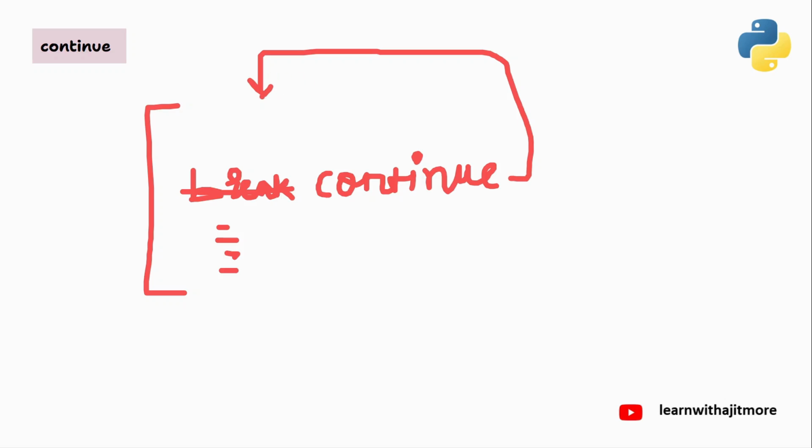It will simply bypass the remaining statements of the current iteration.